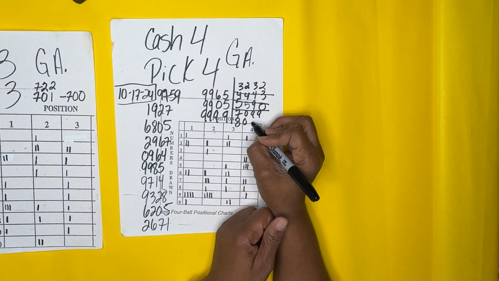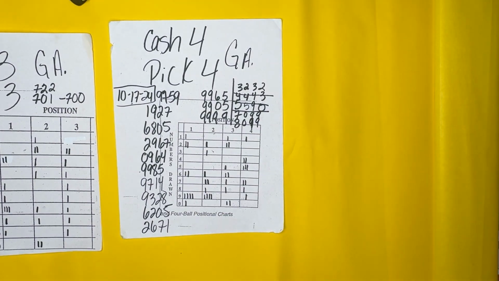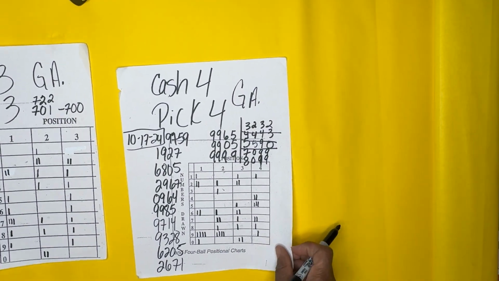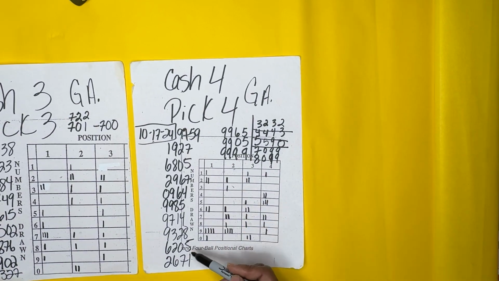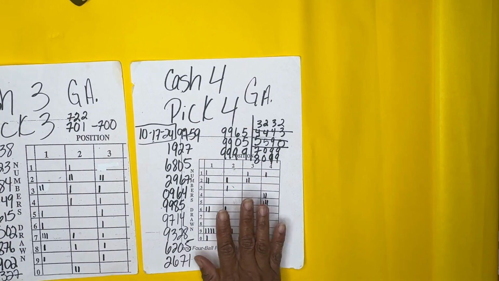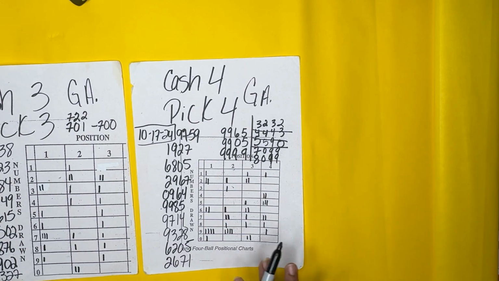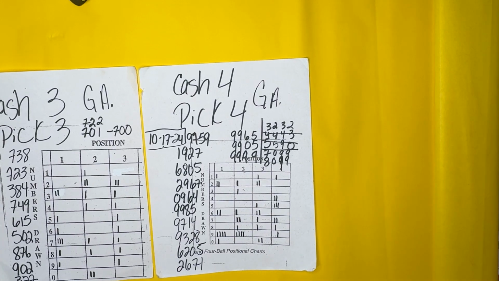I would do 0, 9, 9. So if you all want to, just create your sheet like this that has 1 through 0 and 1 through 0, but do 3 squares over here and 4 squares over here, and make it like a box. This is the way you keep up with your daily hits.